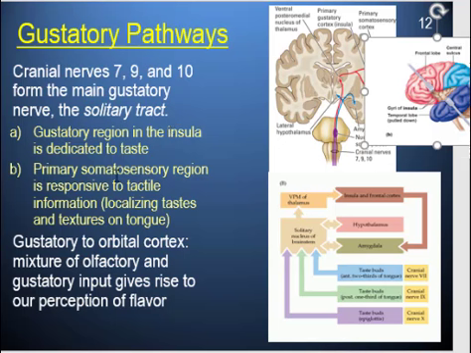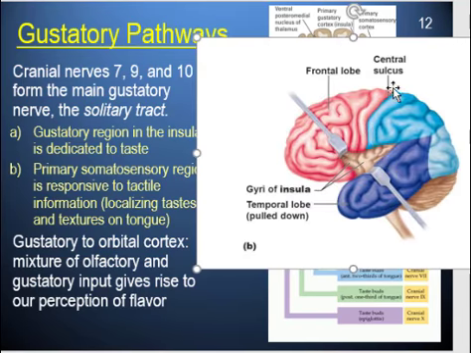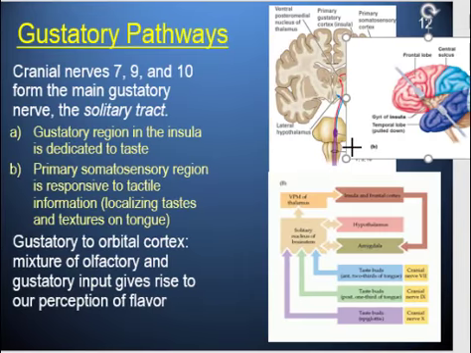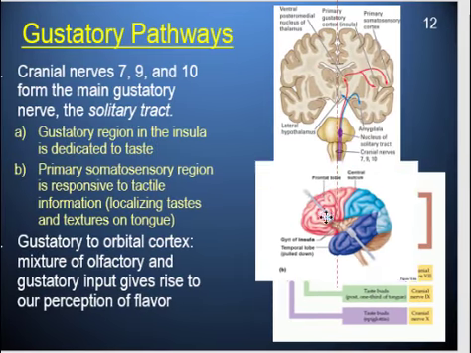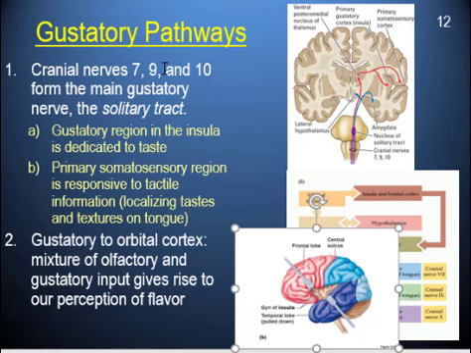But foods have texture, right? Foods have feeling. So you also are going to have a part of your somatosensory receptor. Let me blow this back up again. Your somatosensory primary cortex is going to process the texture of your food. So if you've ever been weirded out by how a food felt, right?